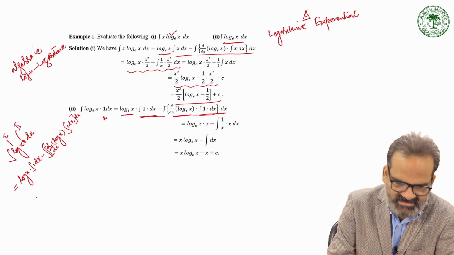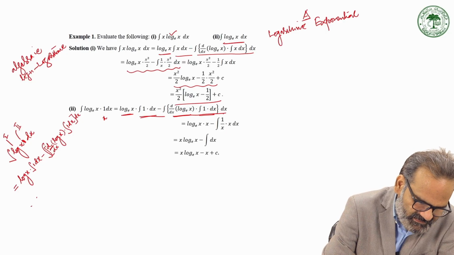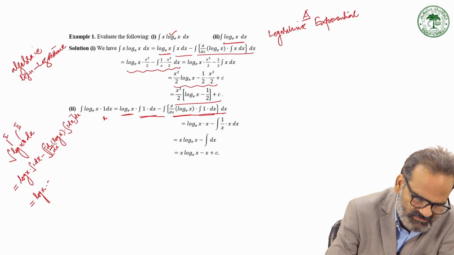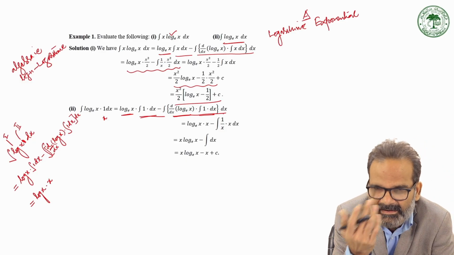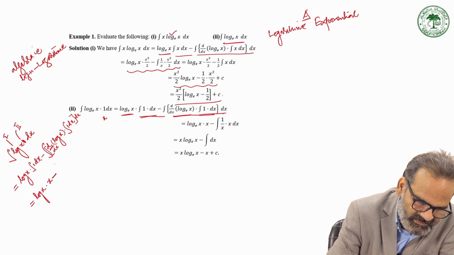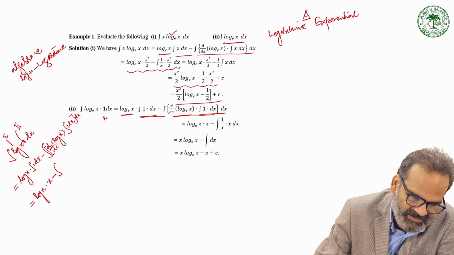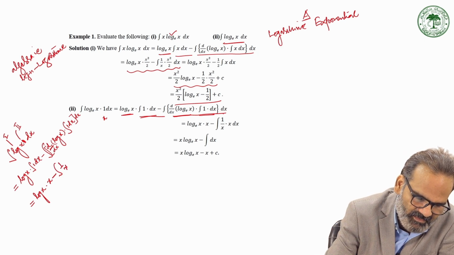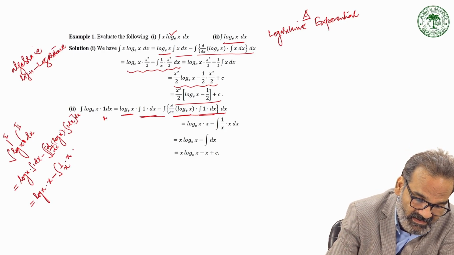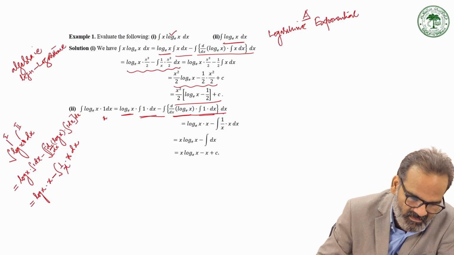Now simplify it. Log x will remain as it is, and integral of 1 is what? Integral of 1 is naturally x, because the derivative of x is 1. Minus, use the integral sign. Derivative of log x is 1 upon x, and again the integral of dx is x, and then dx. So this x and x will cancel out. What is left?